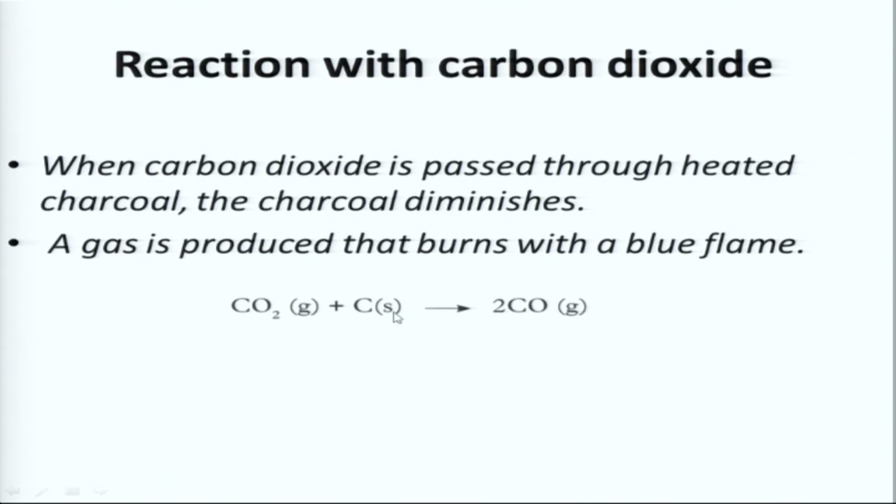Then I pass carbon dioxide over this charcoal, and it will diminish or stop burning. That's why normally we say that carbon dioxide stops burning. So we form what we call carbon monoxide. Carbon monoxide has a blue flame.